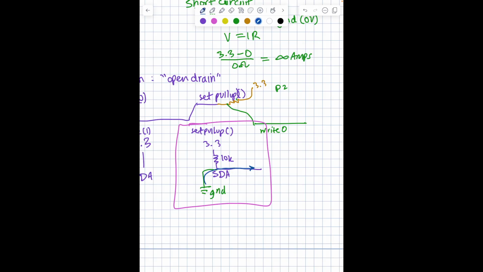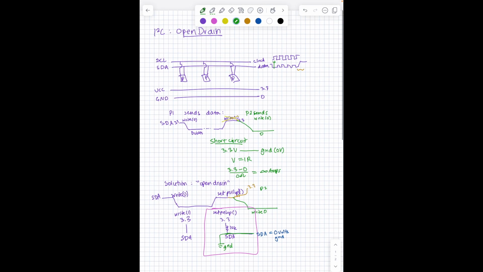So the current's going to flow easily here. There's a 10K resistor here, and so this does not flow as freely. So SDA at this point will be read as 0 volts or ground, even though there is a resistor here and it's connected to 3.3. So peripheral 2 wins out, so SDA is just 0 volts. So that's the concept of open drain. I hope this was helpful.